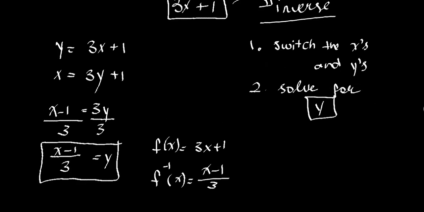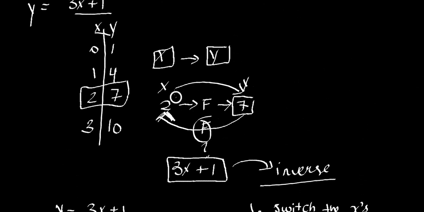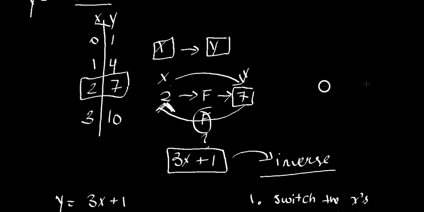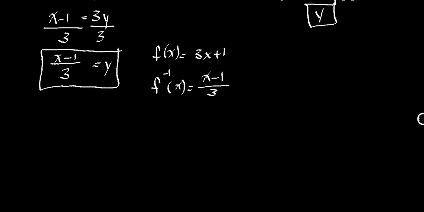But we need to test it. How do we test it? Remember we said in our original function we plug in a 2 and we get a 7? Our goal was to plug in a 7 into some function and get a 2. So we found some function. Let's see if it does the job. Let's plug in a 7 and see if we get 2.